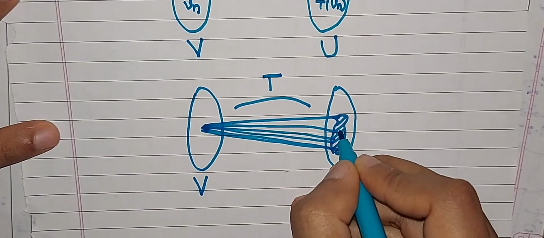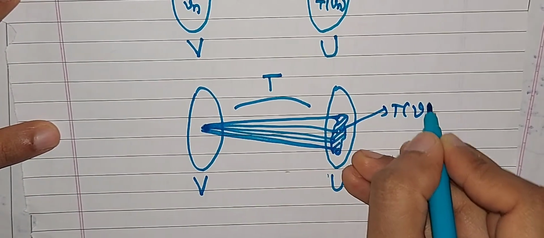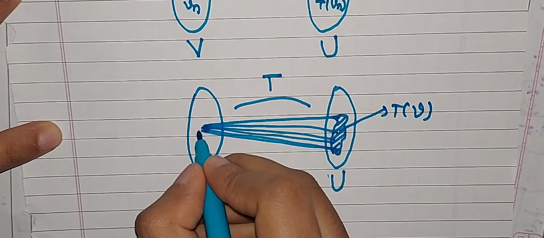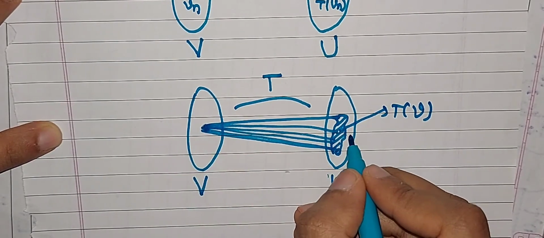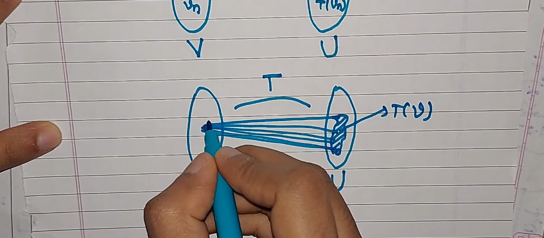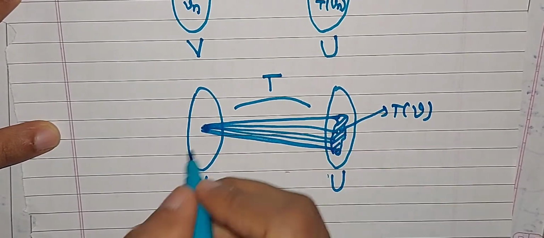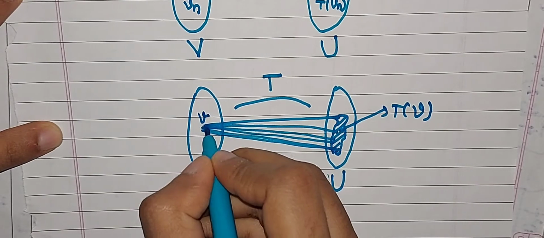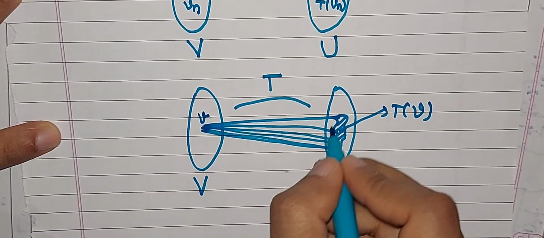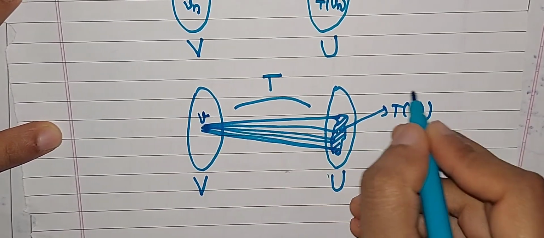What is the image set? This is nothing but our T of V. T of V means if we choose V1, then we will have T of V1 as an image. If we have V2, its image will be T of V2. So in general, if I take v here, then its transformed value, the image value, is T of v.